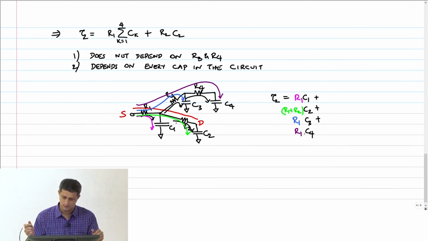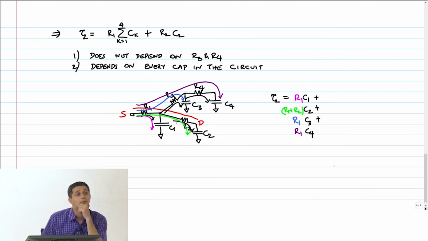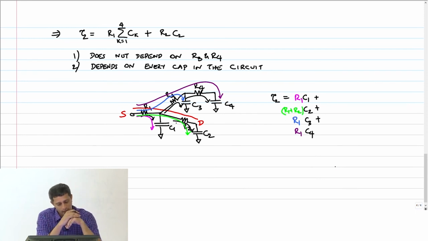Okay. So any questions here? So that is a very good question. Honestly, I have not been able to get as convincing an answer as I can tell you for capacitors. I am thinking about it. I'll get back to you sometime. It's got to do with the fact that the current through R3 is just dependent on the capacitor charging.